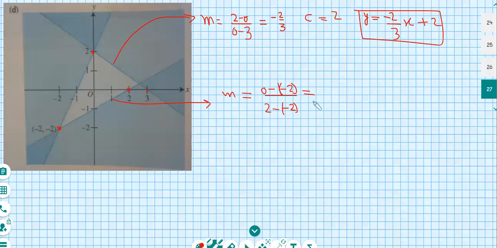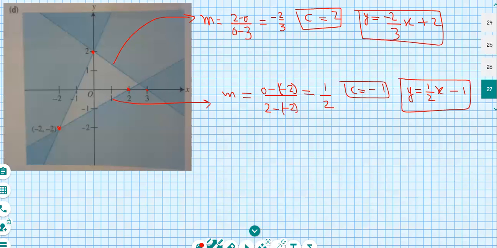So we get 1 by 2. So 1 by 2 is the gradient. Now for the y-intercept, as the line passes through minus 1 on the y-axis, the y-intercept will be negative 1. So the equation of the line will become y is equal to mx plus c, y equal to 1 by 2 x plus c. C is minus 1. So this is the line equation.